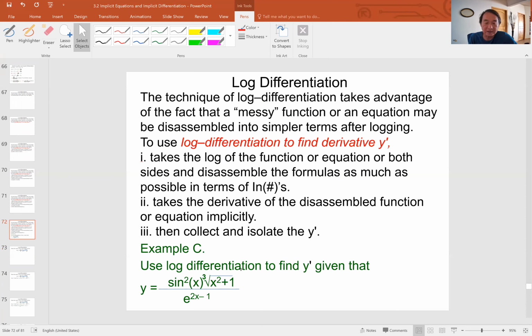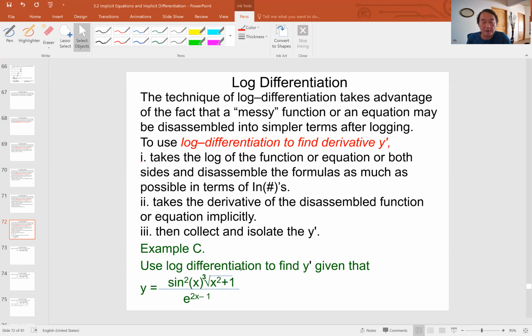In this case, we started with a complicated function that has many components: multiply, divide, powers. It has to be those kinds of operations. Why? Because when we take the log, it breaks into little pieces.